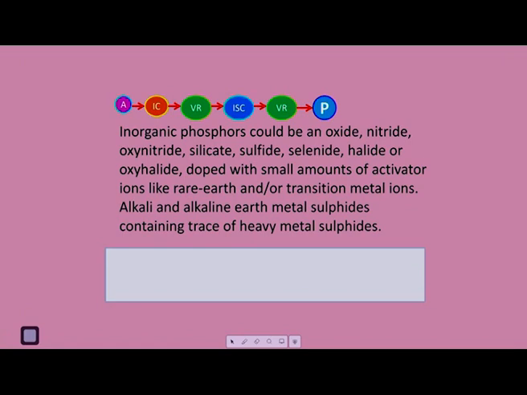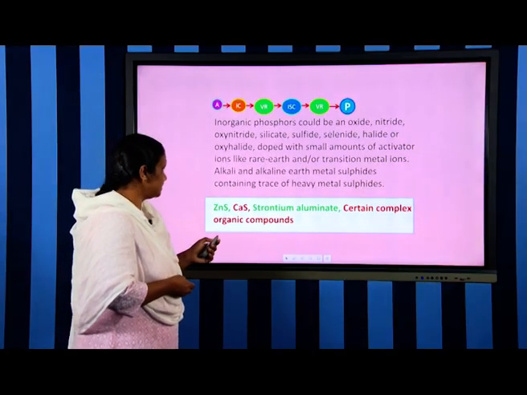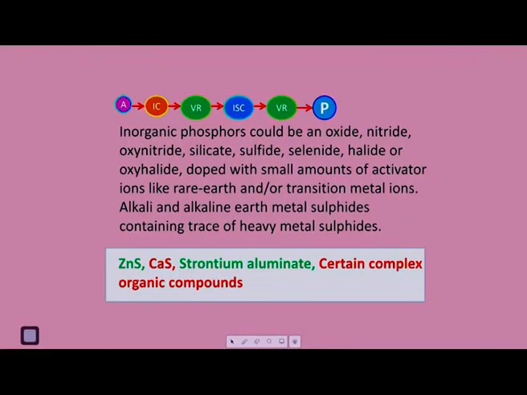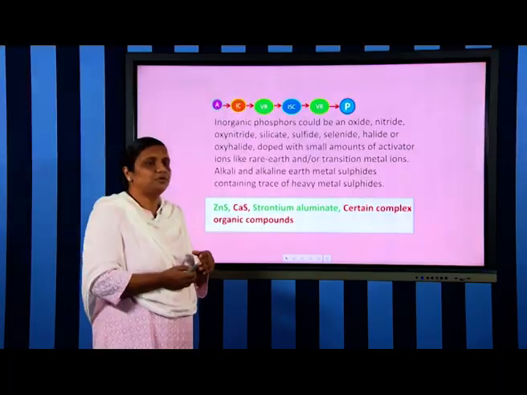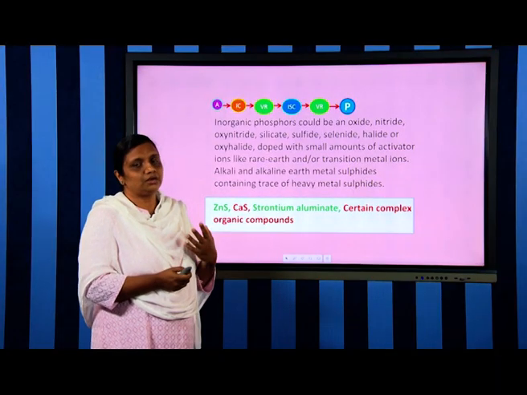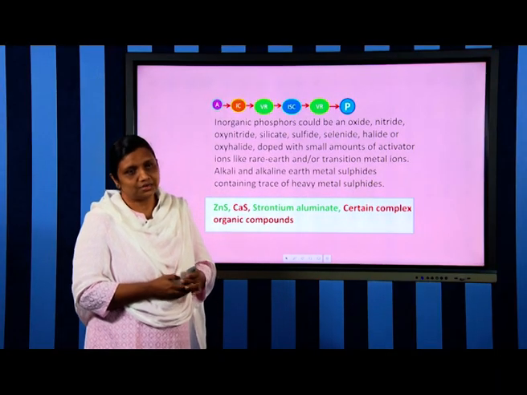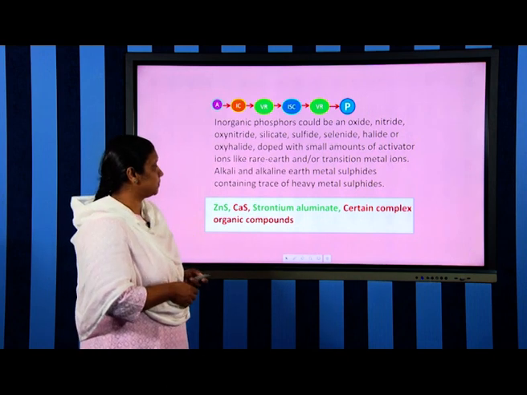Alkali and alkaline earth metal sulfides containing traces of heavy metal sulfides also show phosphorescence. Examples: zinc sulfide, calcium sulfide, strontium aluminate, and certain complex organic compounds. These organic compounds are used in OLEDs, that is organic light emitting diodes, also.